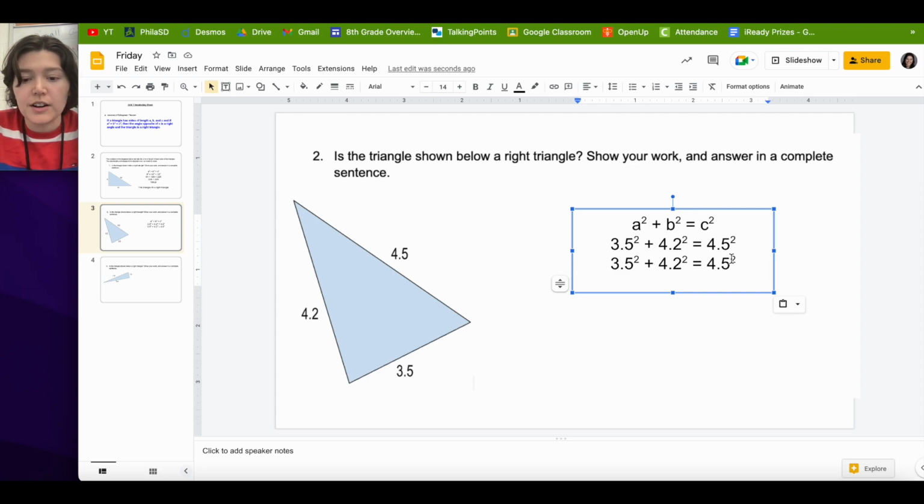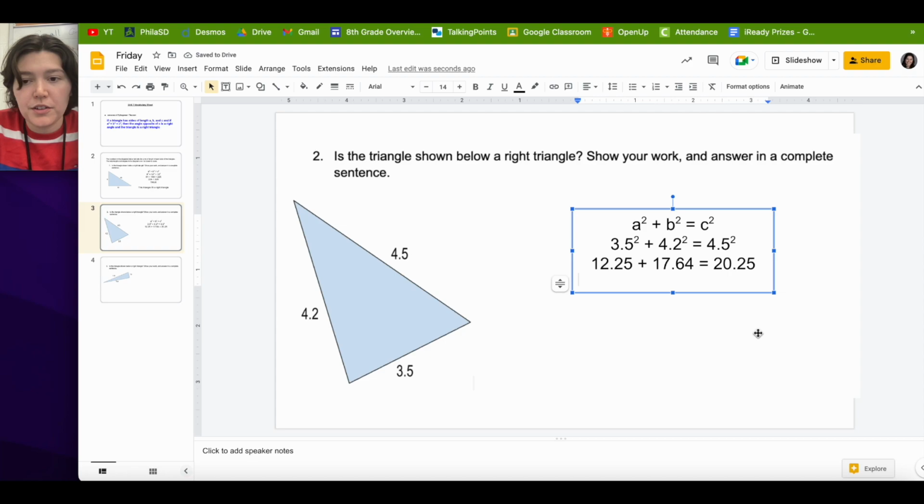3.5 squared is 12.25. 4.2 squared is 17.64. And 4.5 squared is 20.25. Oh, sorry, these two squares should not be there anymore. Okay, and then we can try to add these together.